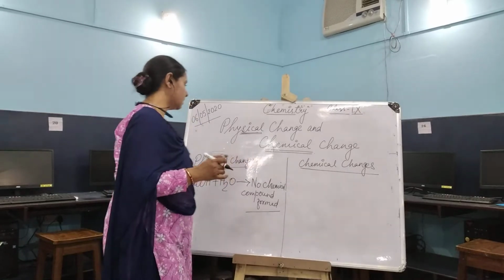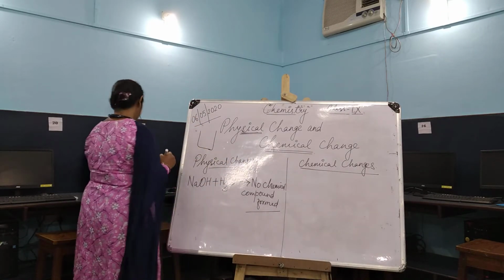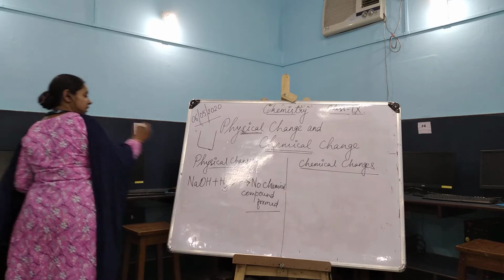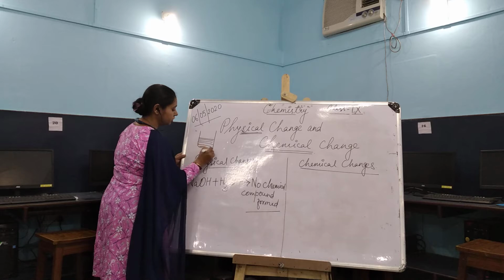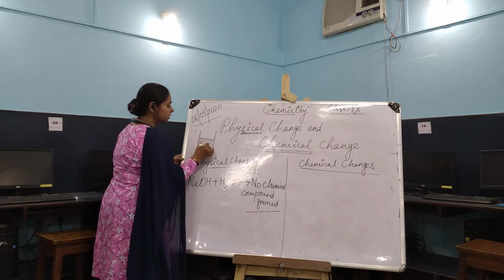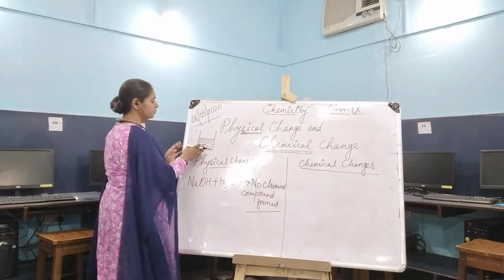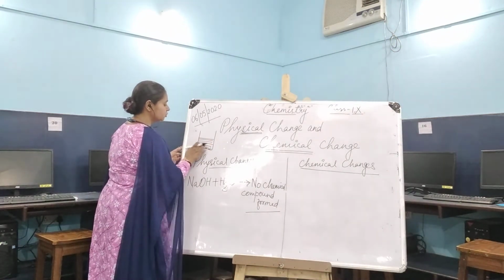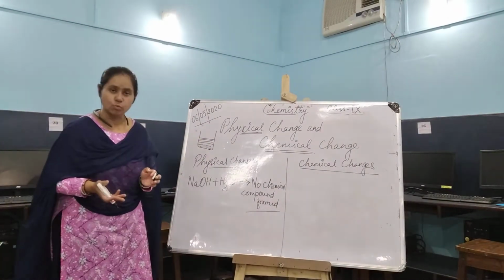Take for example, if I give you a beaker like this, and in the beaker I have added some amount of water. If I tell you to add sugar particles into it, what will happen? After a few minutes, the sugar particles will dissolve completely into the water.